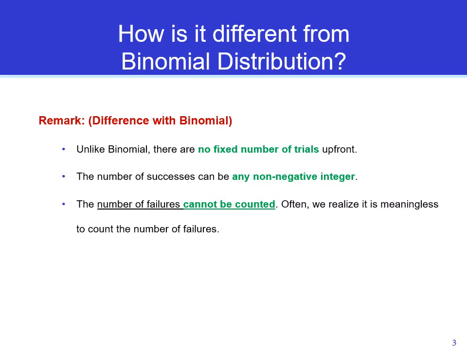Oftentimes, we realize it is meaningless to count the number of failures. So let's go back to an example from binomial distribution. Suppose that we toss a coin 10 times. 10 is our n, the fixed number of trials, and the probability of success is 50%. So if you define, for example, success as getting a heads, then if you get 6 heads out of 10, then you're going to have 10 minus 6, which is 4 tails, right?